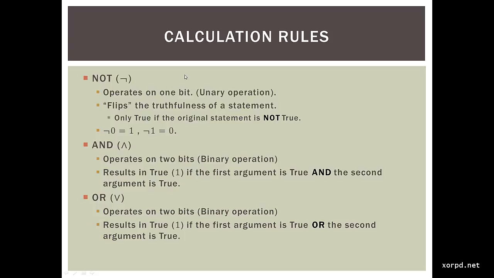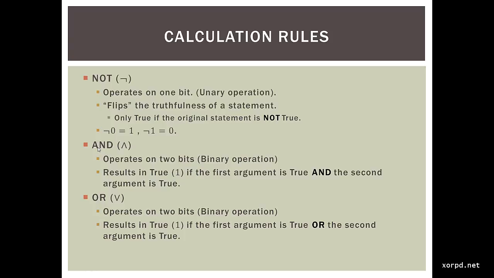The NOT operator flips the truthfulness of a statement, which means that the new statement is only true if the original statement is not true. Some very simple examples: not 0 is 1, and not 1 is 0. The AND operator. It operates on 2 bits, which turns it into a binary operator.